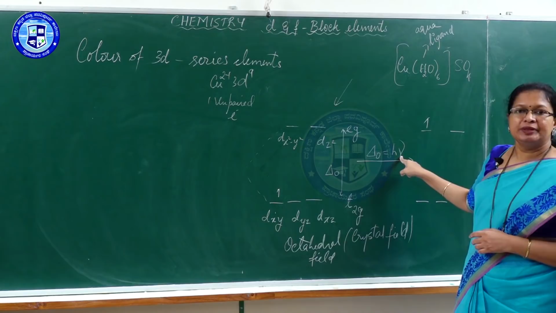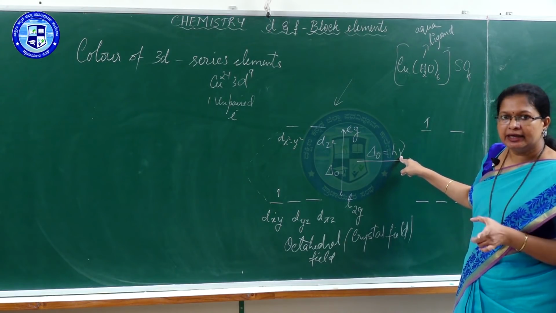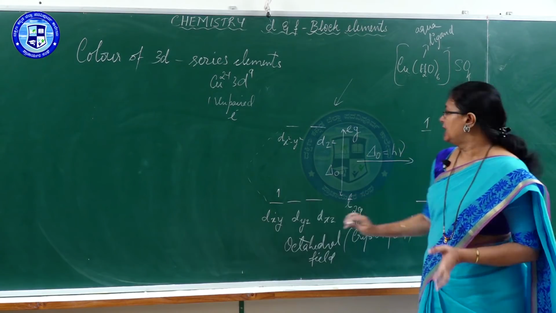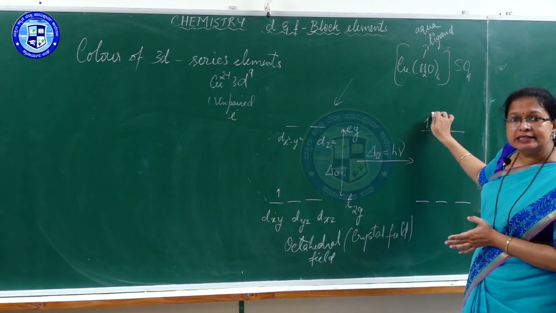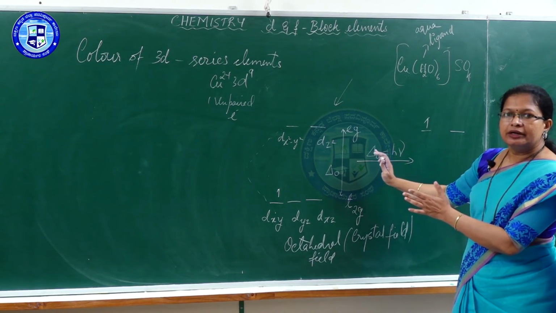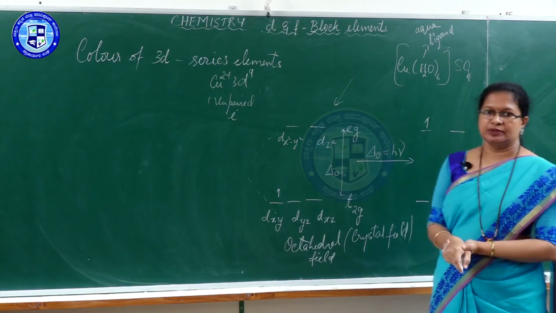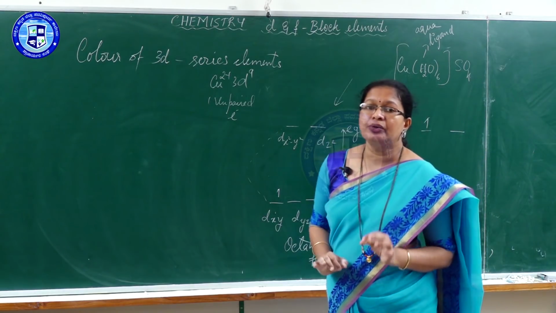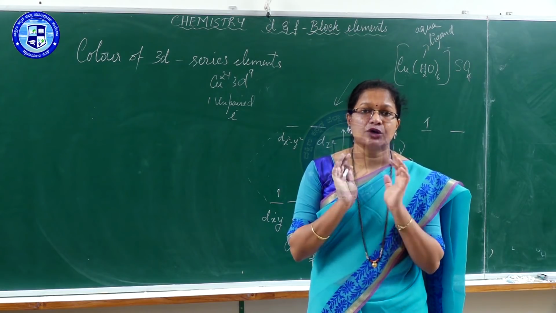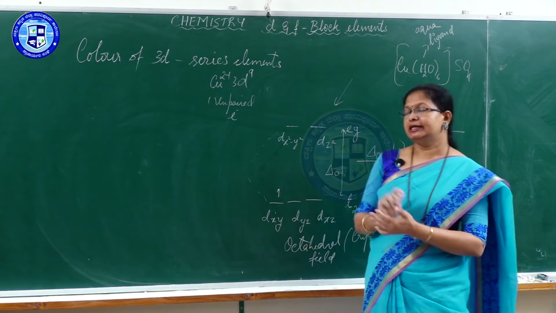This nu will be the radiation corresponding to red color, that will be absorbed by this cupric ion, by which the electron gets excited to the higher energy level. Now what would happen to the radiation which comes out of that solution? That is without red color, which will be a mixture of the remaining colors, hence copper sulfate looks blue in color. That is the reason for this.